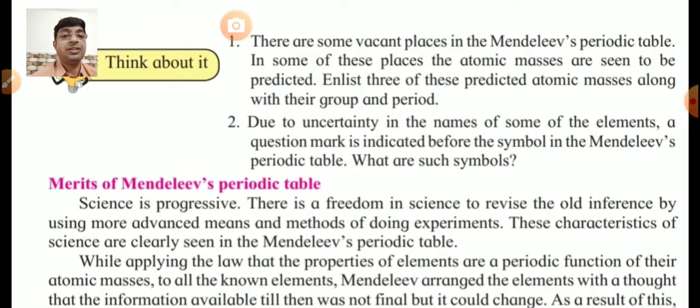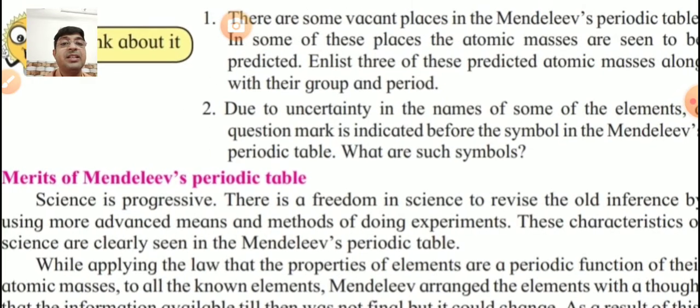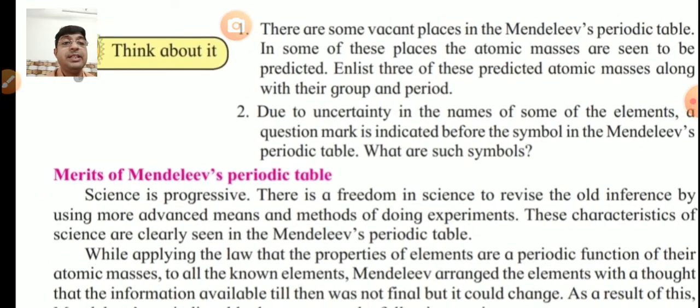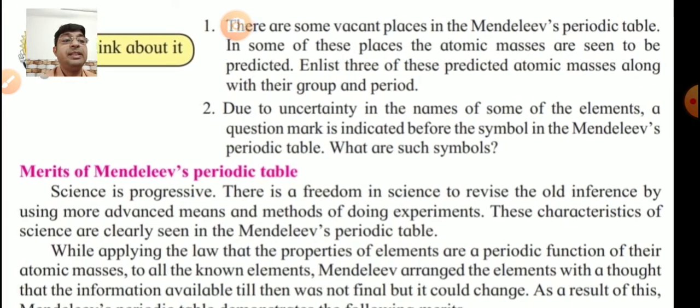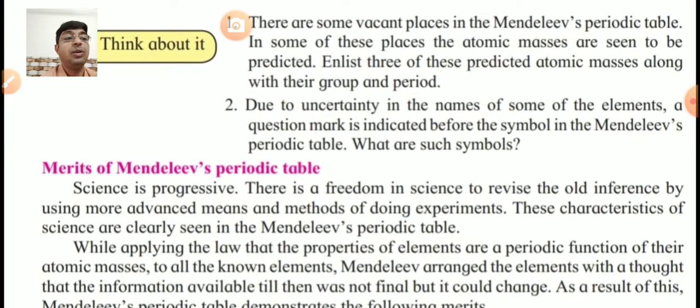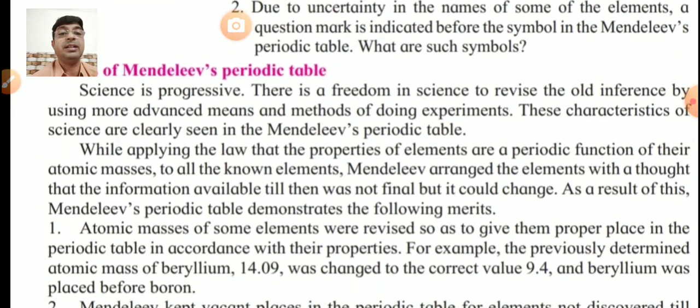Now next. A 2 to 3 mark question is asked on the next topic. What are the merits of Mendeleev's periodic table? Now, science is progressive. There is a freedom in science to revise the old inference by using more advanced means and methods of doing experiments. These characteristics of science are clearly seen in Mendeleev's periodic table.